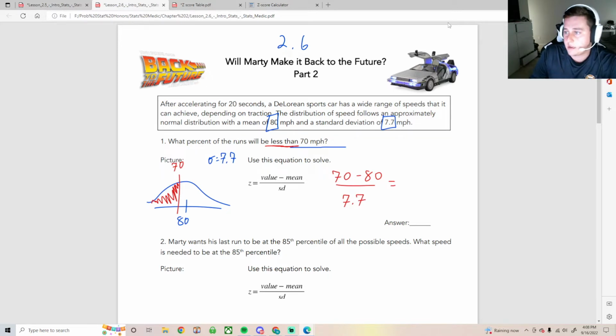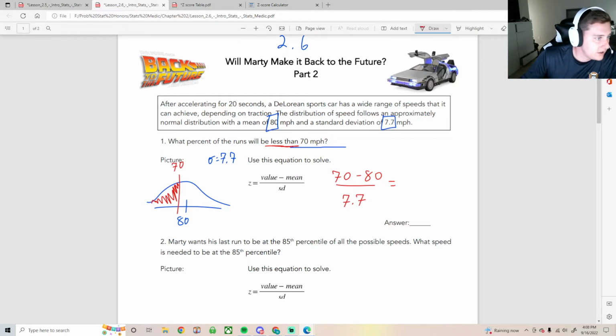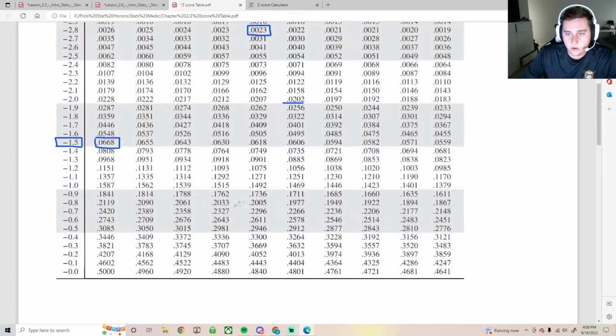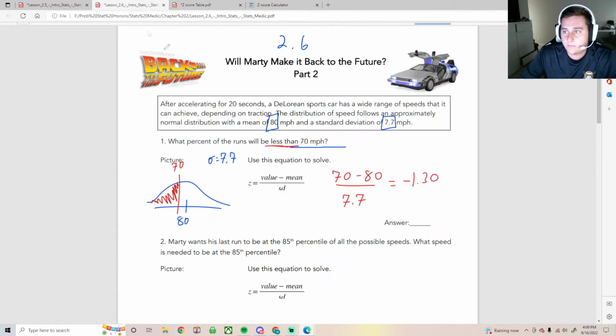It's asking for what percent, so I'm about to produce a z-score here, which I'm just going to cheat and look at the answer key. Negative 1.30. Now, if you take this and we go look it up in the z-score table, negative 1.3 right here, 0.0968.